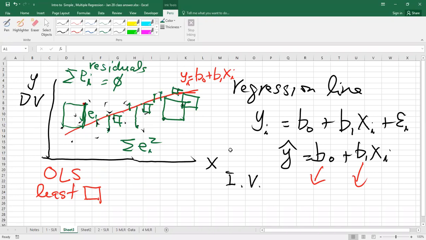Yung pinakamaliit na error squared. Okay? Kaya nga, ang tawag sa kanya, guys, least squares. Yung line na magbibigay sa atin ng pinakamaliit na summation ng error squared. And there can only be one line, guys. Kasi kunyari, just to exaggerate the example, what if I have here another line, tapos yung line nandito.